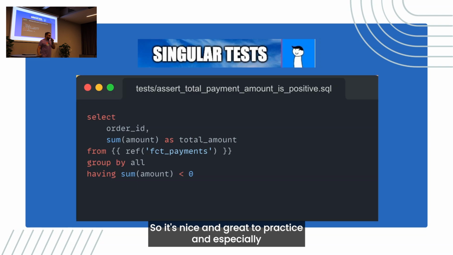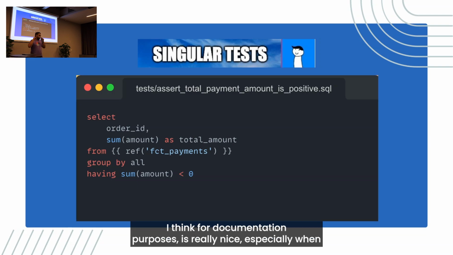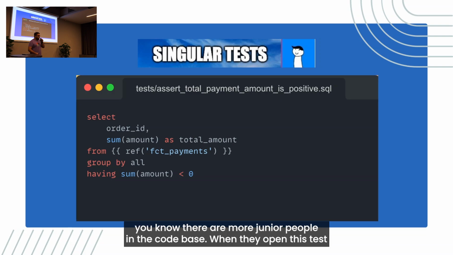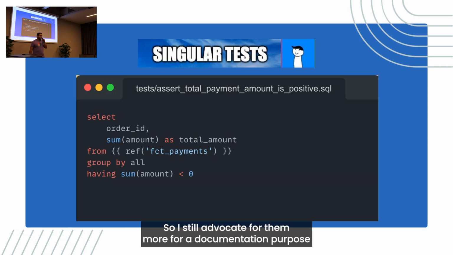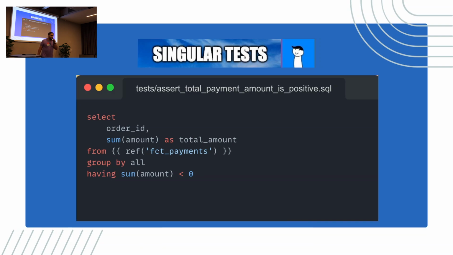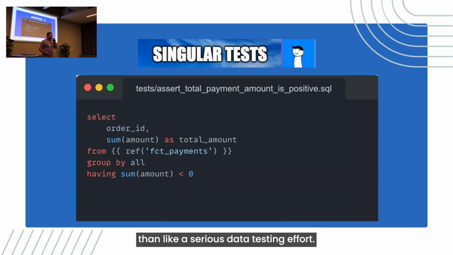So it's great to practice, and especially for documentation purposes it's really nice, especially when you know there are more junior people in the code base. When they open this test, that's a really good hint of how the code is supposed to work. So I still advocate them more for a documentation purpose than for a serious data testing effort.